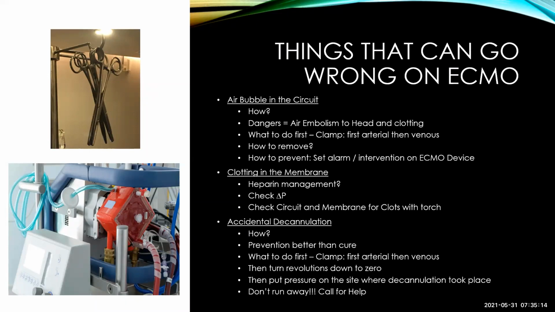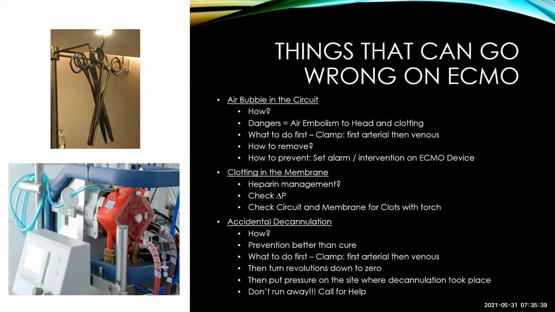And you're going to go to the front of the machine, and where your RPMs are, you're going to reduce your RPMs to 0 as quick as you can. You're going to put pressure on the area that the line has pulled out, and you're not going to run away. Okay, so when this happens, you call for help and you start doing your things. So you're going to clamp the red line, then the blue line.